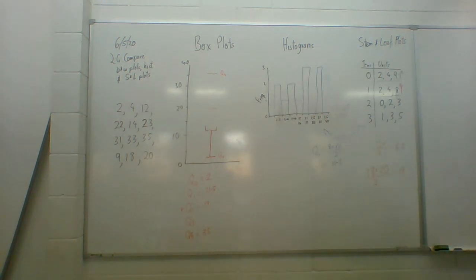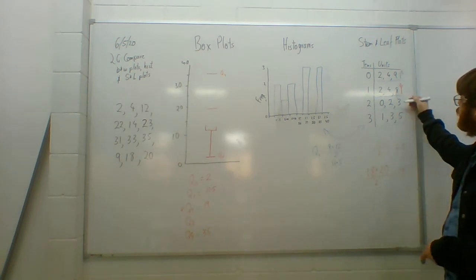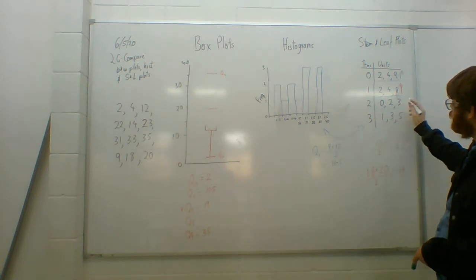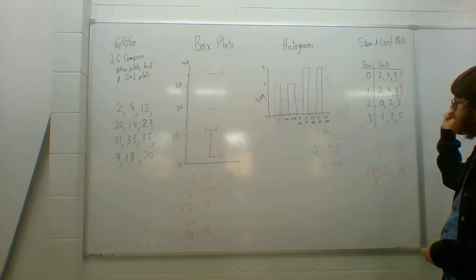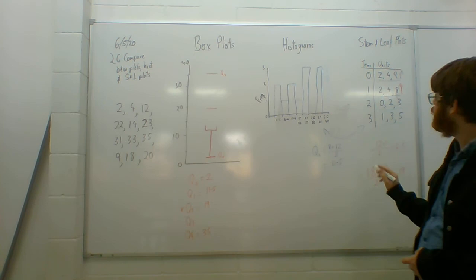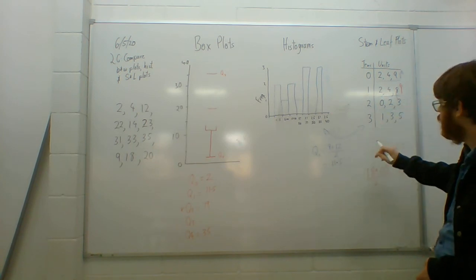Now, what we have to do at the end is find Q3. Q3 uses the upper half, which has the same number of data points: 6. So it's going to be halfway between our third data point and our fourth data point here.